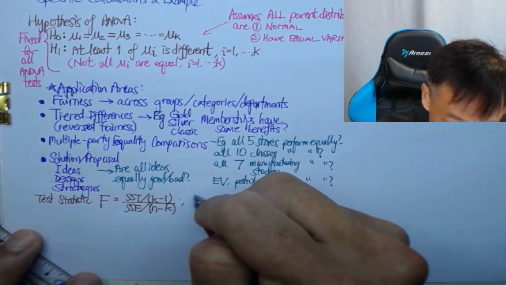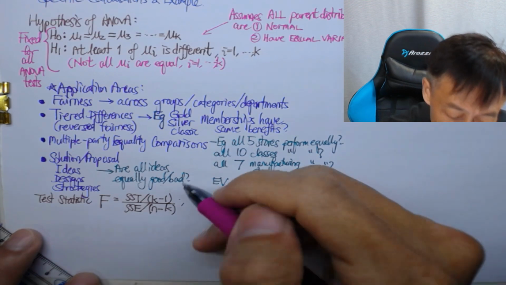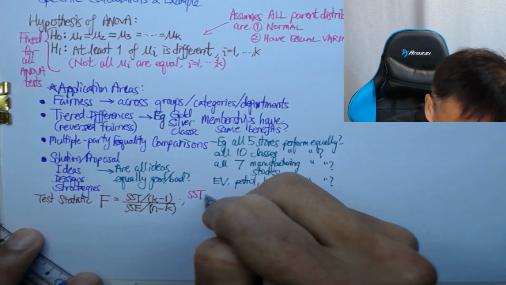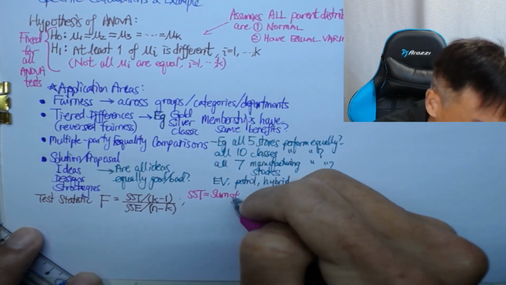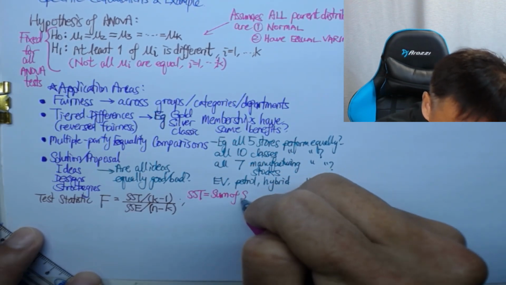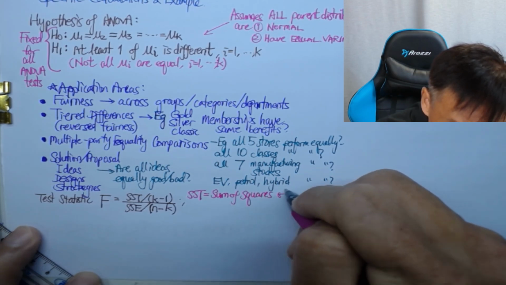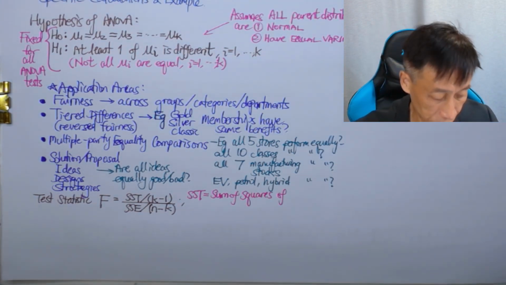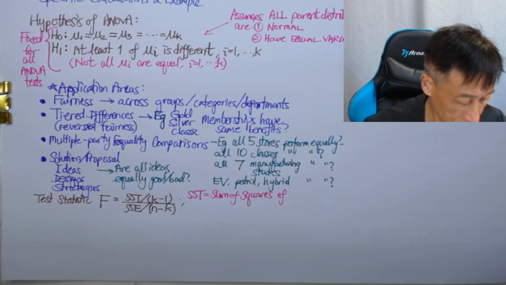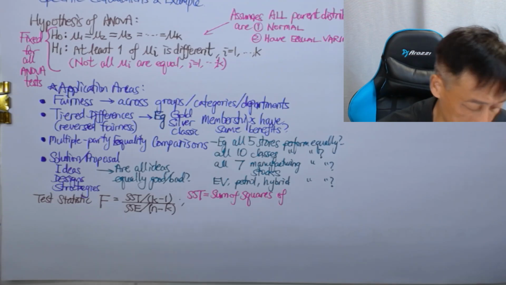So let's talk about what SST is. SST is the sum of squares of differences or deviations from the entire mean.